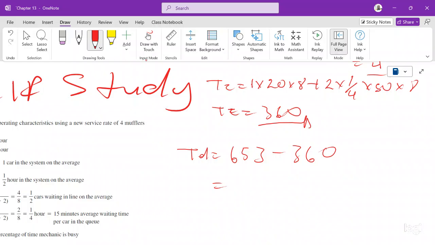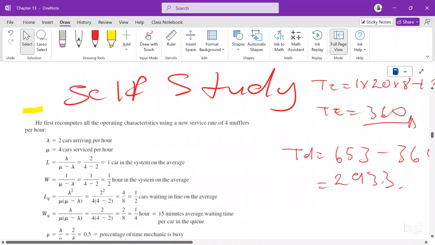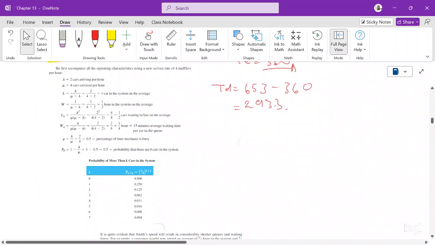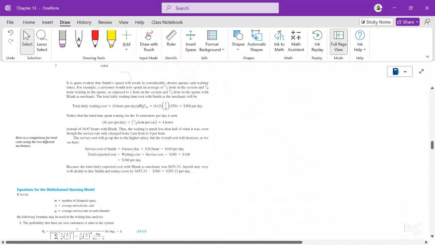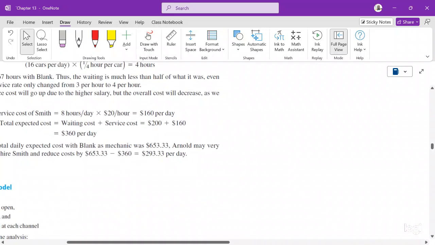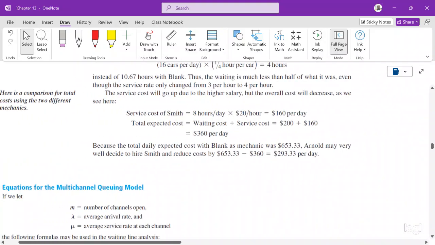Answer: he will save around about 293. Okay. So do not forget, the next section was a self-study, you DIY for the sake of time. So as you can see here, we are saving 293. All right.